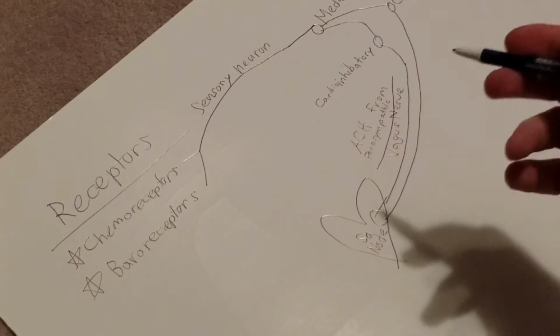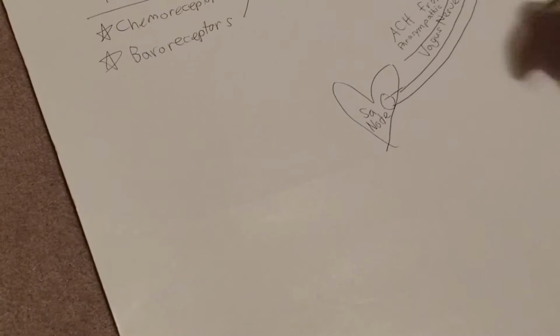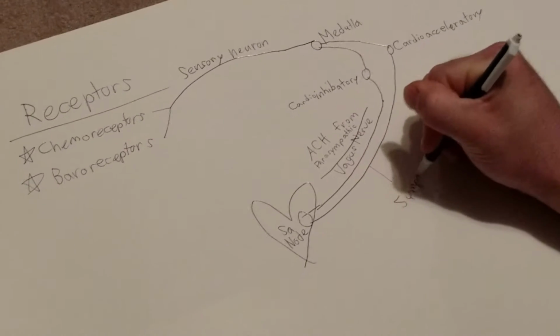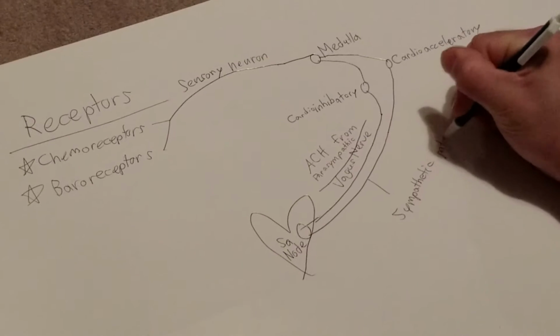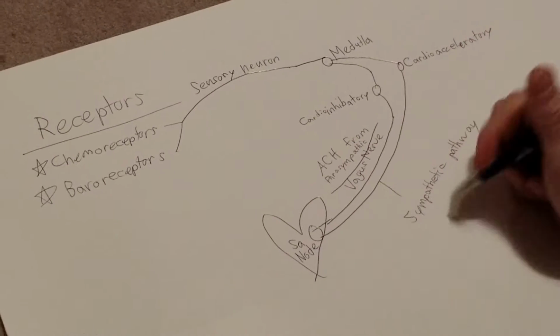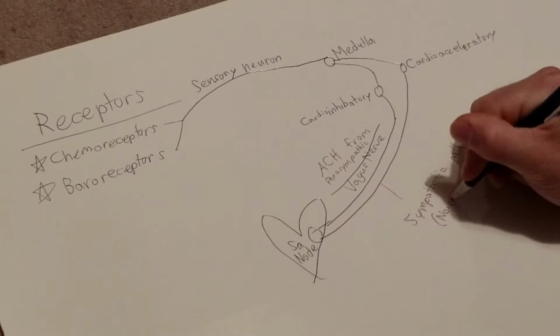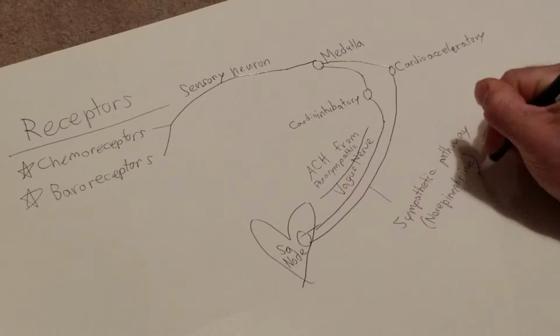And if we have signals coming from the cardio-acceleratory center, then those are traveling along a sympathetic pathway, and our sympathetic pathway sends norepinephrine.